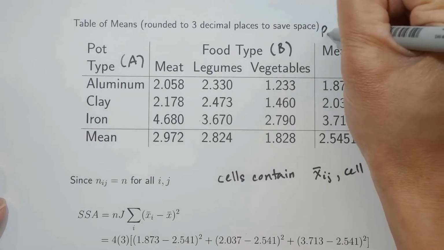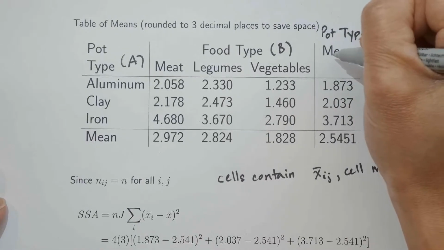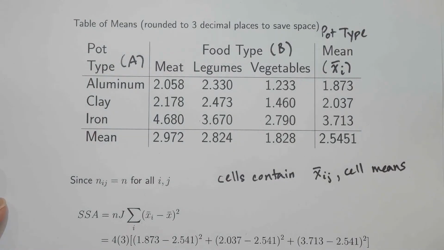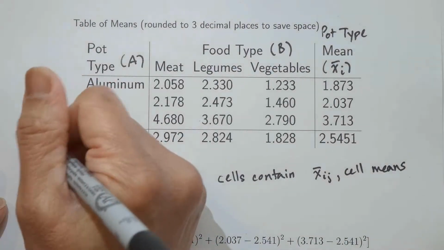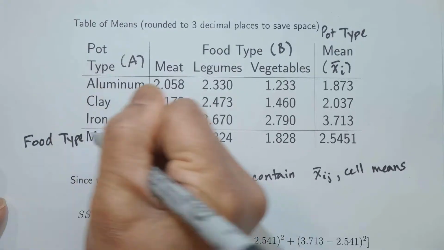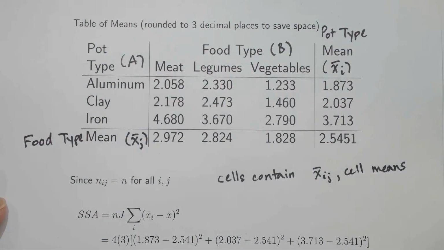So up here would be the pot type means, and the notation we've been using is X bar i. Across the bottom row, we have the food type means, so that's our X bar j.